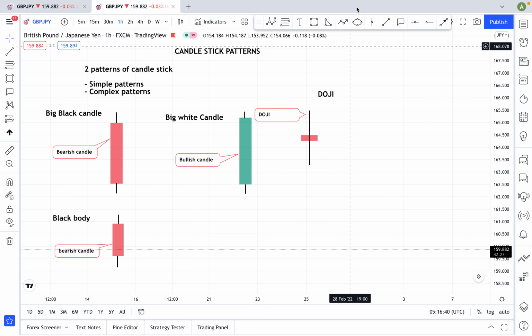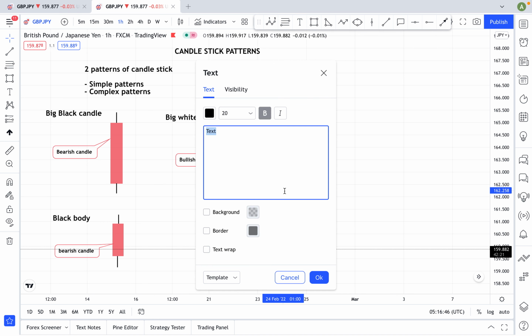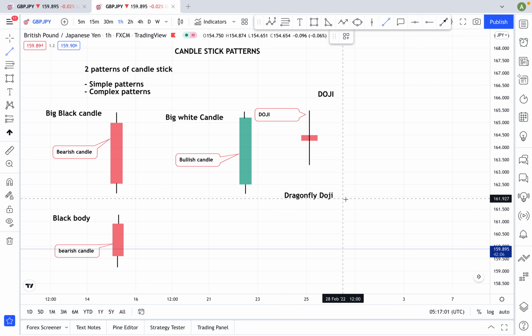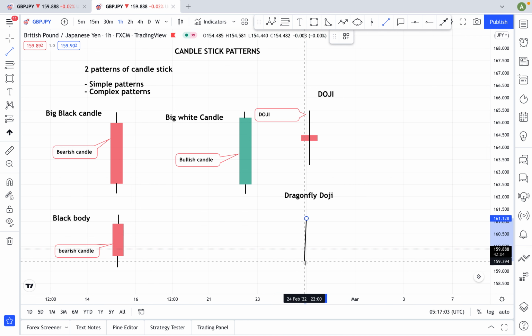Okay, so then we'll go to the dragonfly doji. This is where we have the types, and then we get to understand more of the doji. The dragonfly doji looks something of this nature.